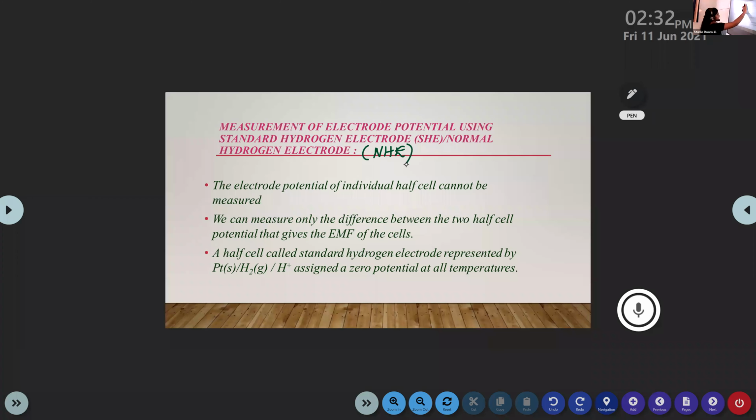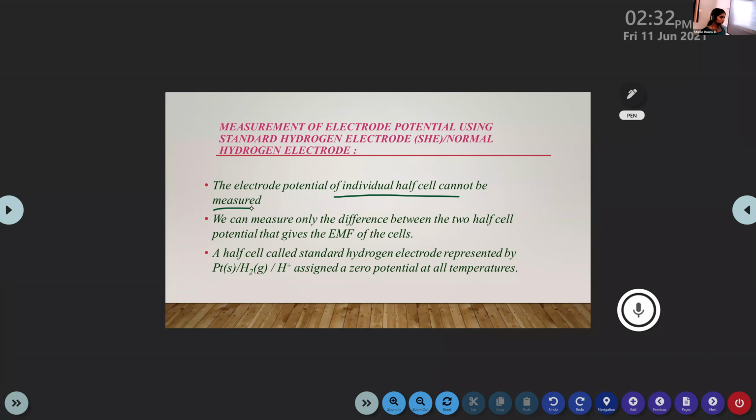Now you can write down these points. The electrode potential of an individual half cell cannot be measured. That means the electrode potential of zinc or copper cannot be measured individually. But we need those values for calculating the cell potential.